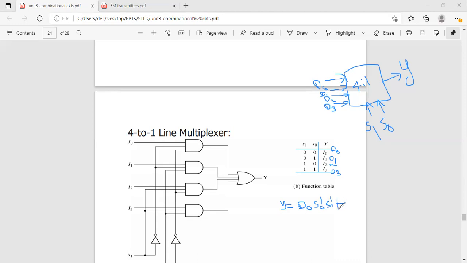Next, D1 data will be present when S0 is 1 and S1 is 0, so you have to write S0 and S1 bar. Like that you have to write the expression. D2 will be present at the output when S0 is 0 and S1 is 1, so S0 bar and S1. And D3 will be present when both the select lines are equal to 1, so you write S0 and S1.